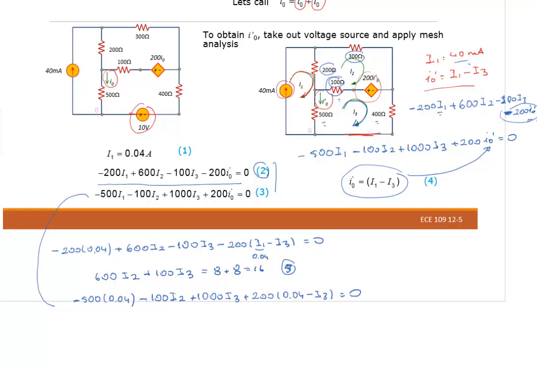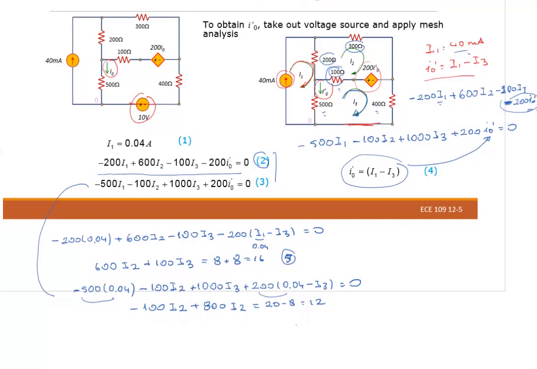If you simplify this one, I believe you're going to have minus 100 I2 plus 800 I3 will be equal to negative 20 plus 8, which is negative 12 right there. So basically we have two equations.